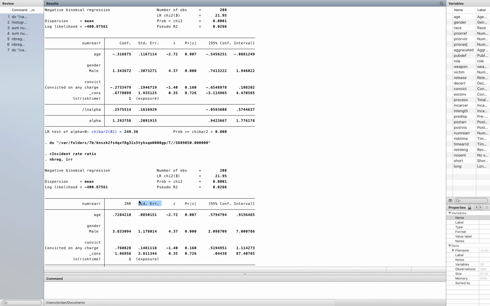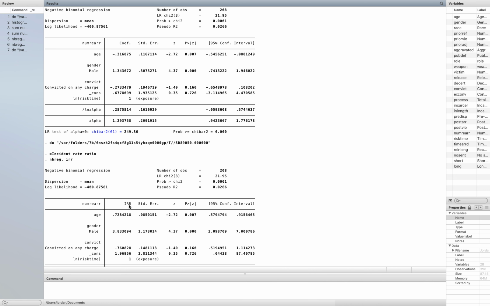Hence the ratio part of it. It's looking at the incidents, so the number of rearrests. It's a rate because technically it's done over a period of time. We're looking at the number of rearrests within their time at risk. So it's really a rate also, even though it's not presented that way.